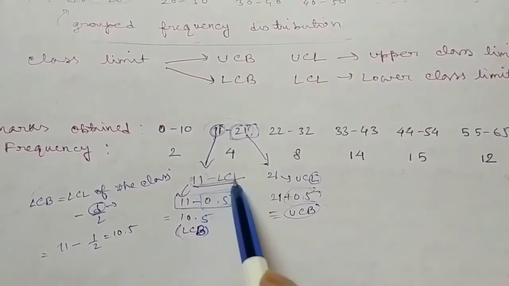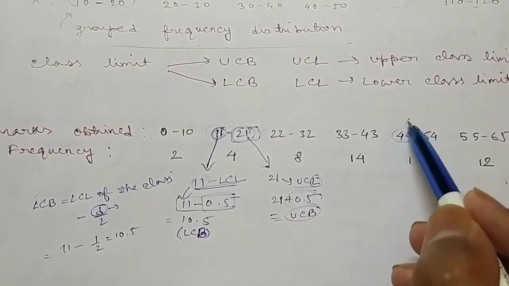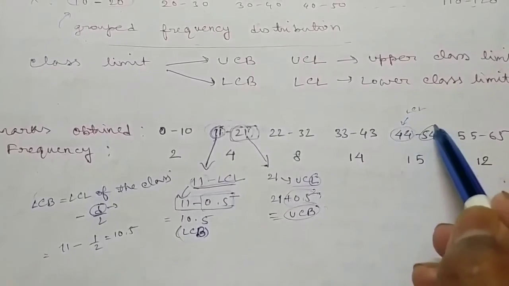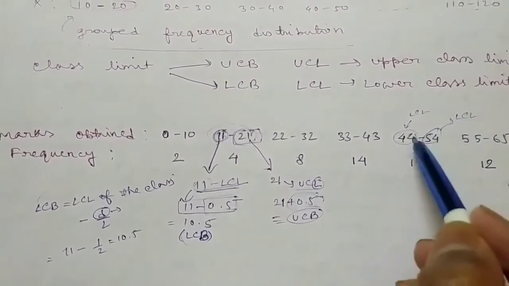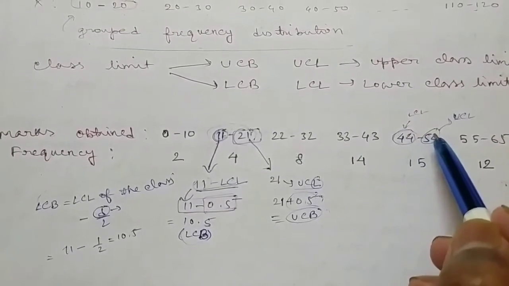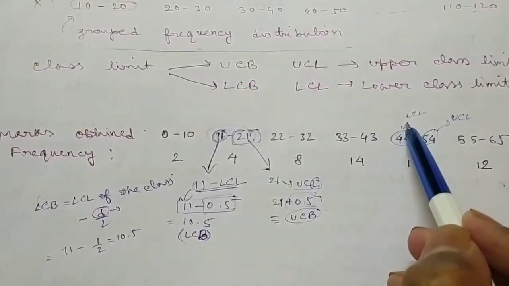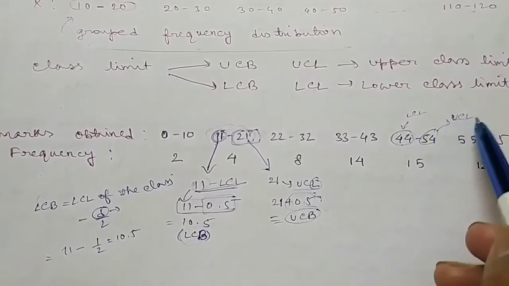And this is the lower class limit, and this is the upper class limit. For these classes also, this is the lower class limit. Mind it, limit means the maximum value and the minimum value of a certain class. Here 44 is the lower class limit and 54 is the upper class limit.